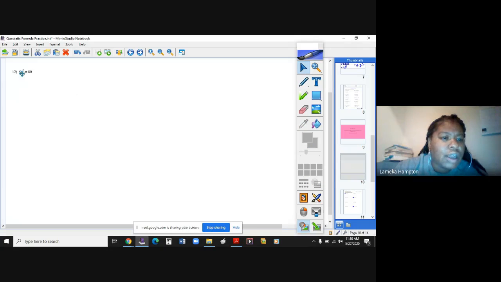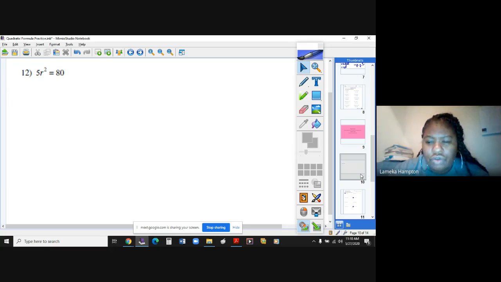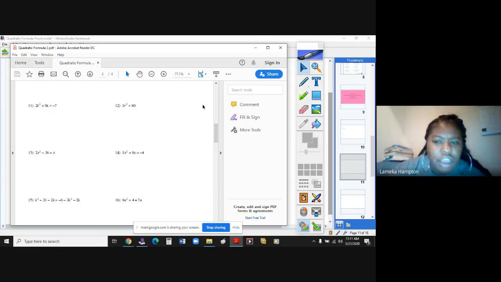So I have number 12 here. And of course, I'm going to make it bigger so that way everybody can see it. Because I can't see it. All right. Then I'm going to do another one, a new page, and one more new page for those numbers. Okay. Uh-oh. All right. So then we have number 15 and 16.